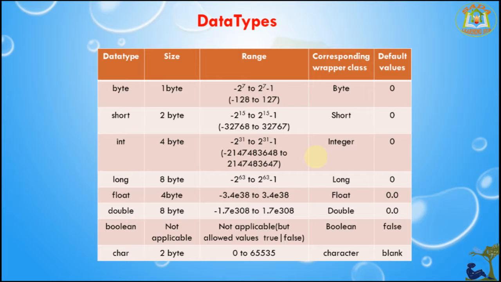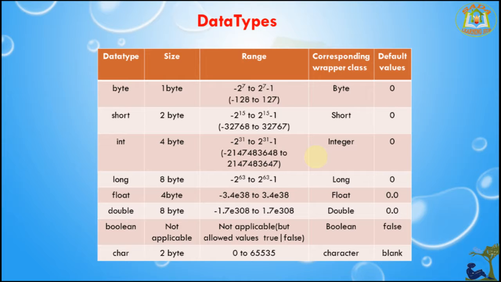Now, byte data type. The byte data type size is 1 byte, that means 8 bits. The maximum value of the byte data type is plus 127 and the minimum value is minus 128.